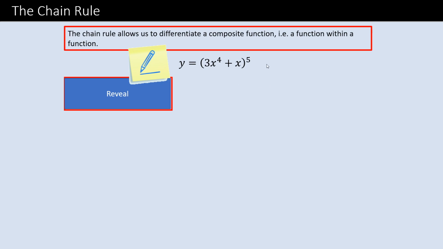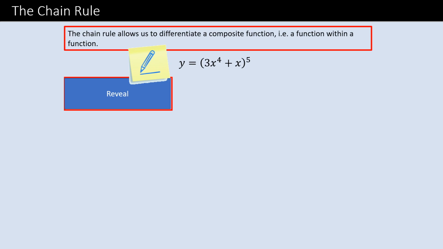That's what it's used for. We want to be able to differentiate stuff like this because composite functions happen quite a bit. Using the tools that we've got at the moment, there's no way for us to differentiate this as it is.